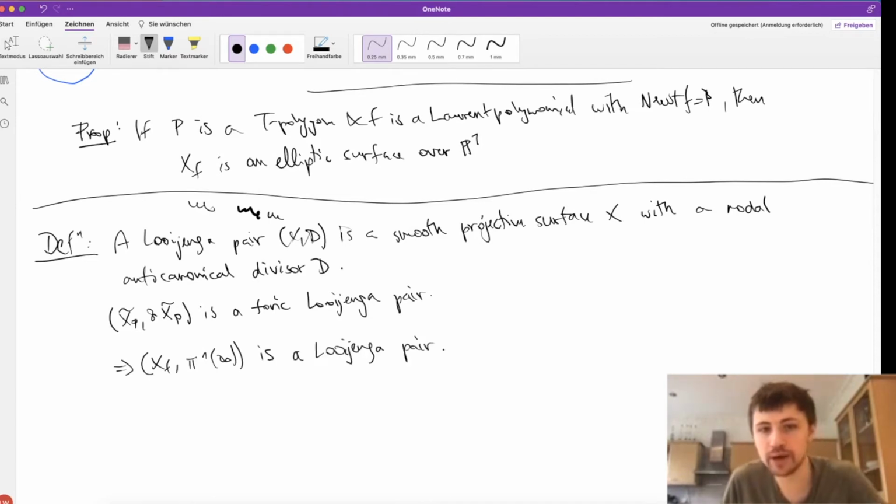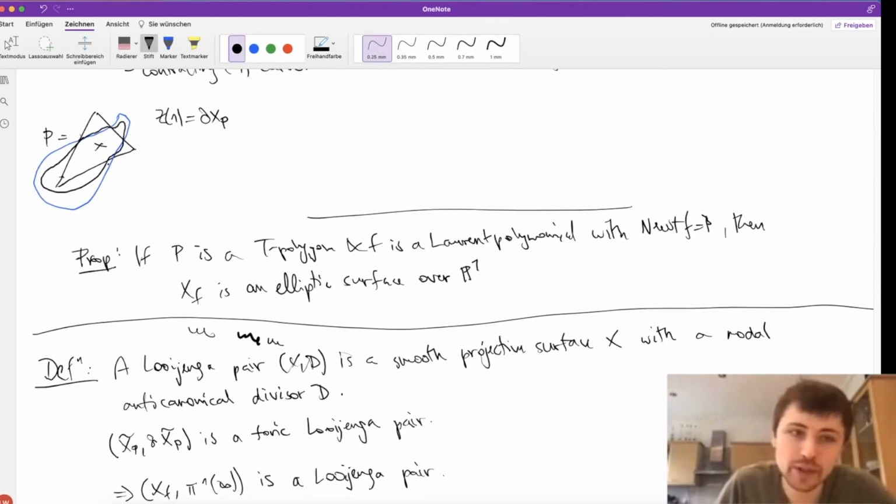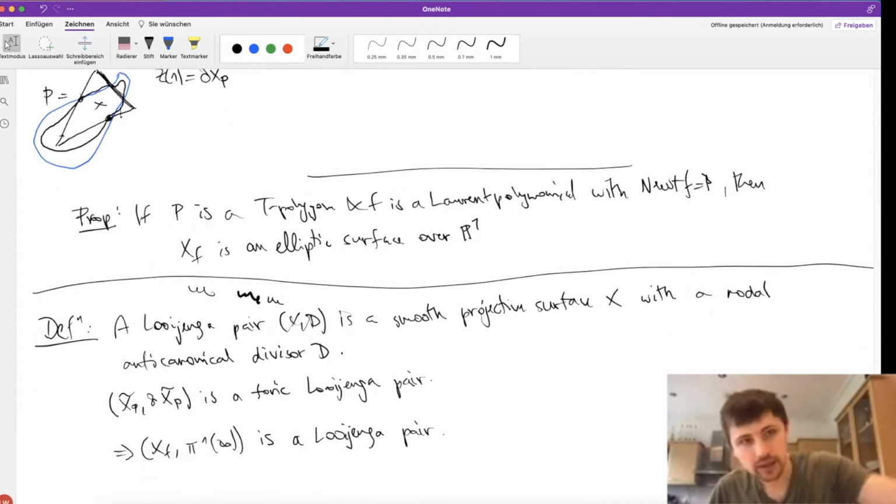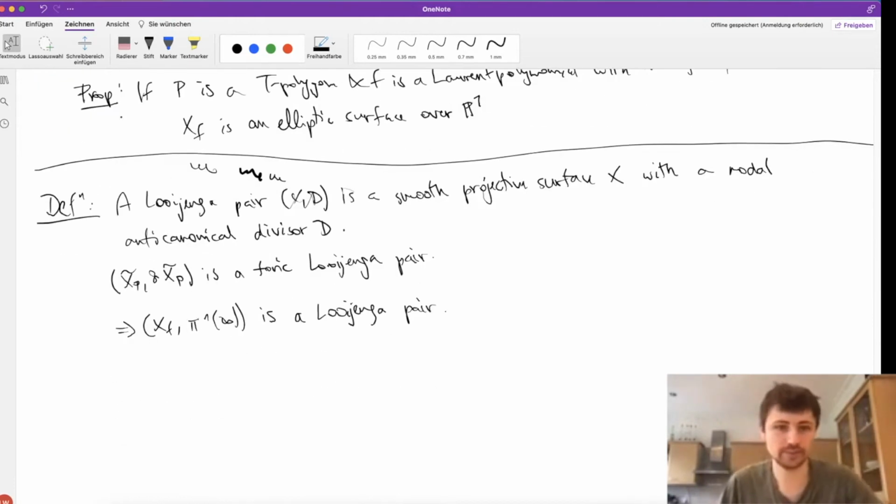Let me briefly explain why. To resolve the base locus, we blow up points in the interior of the toric boundary. Those are interior blow-ups. And then if we have to contract some -1 curves, these are just toric blowdowns, so we contract components of the divisor. In each case, you will again get a Looijenga pair after you do one of these operations.